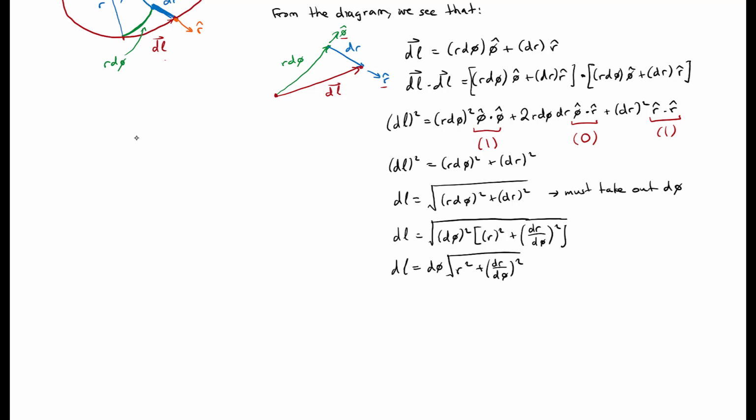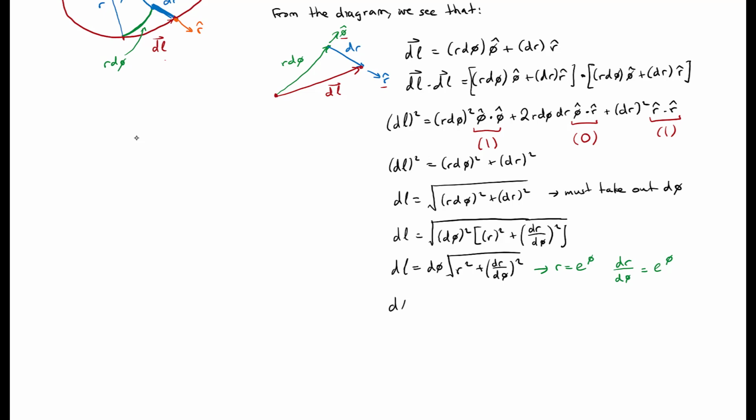Okay, we're getting a little bit closer, but there's still one missing thing. I can't have d phi and dr and be able to integrate with respect to just phi to get my circumference. I need to be able to replace r with the function I was given. So we know that r was equal to e to the power of phi, and we also know that dr over d phi is equal to e to the power of phi as well.